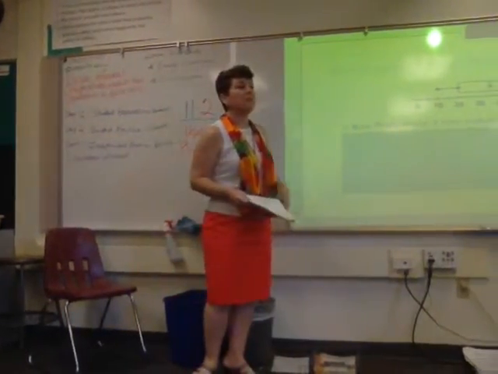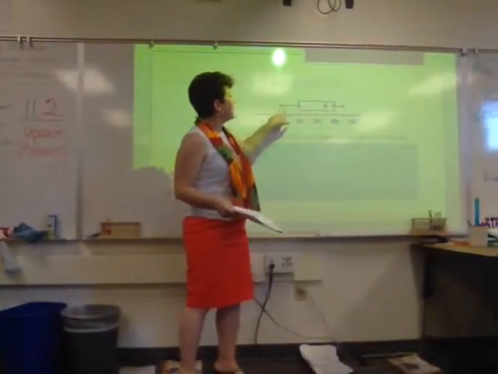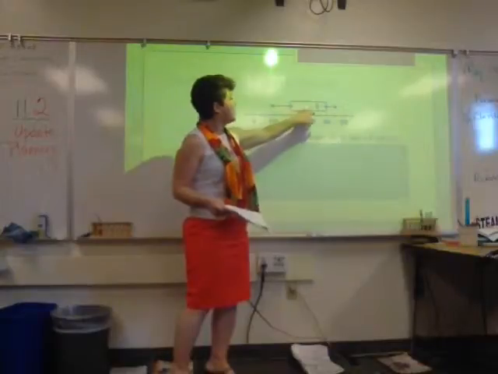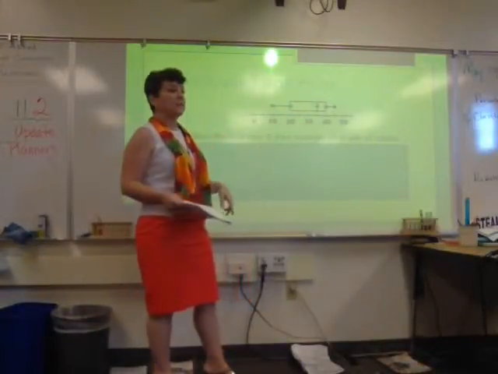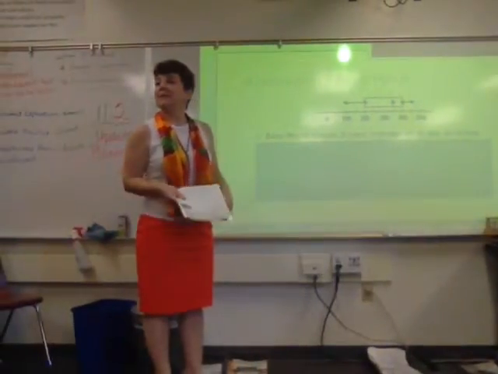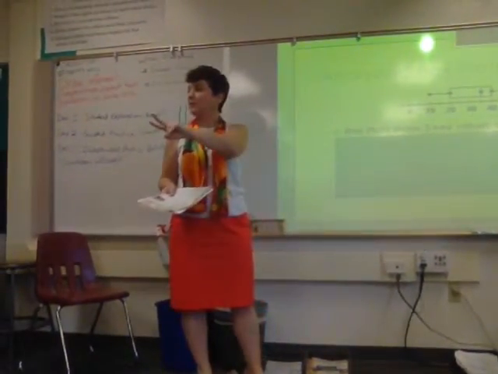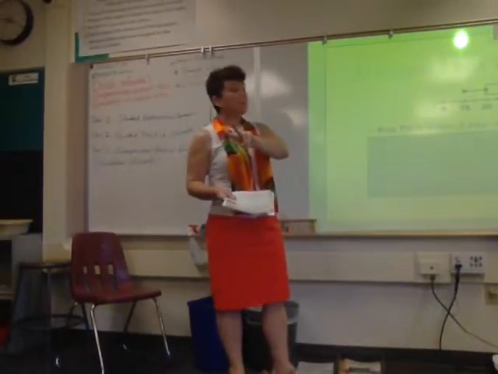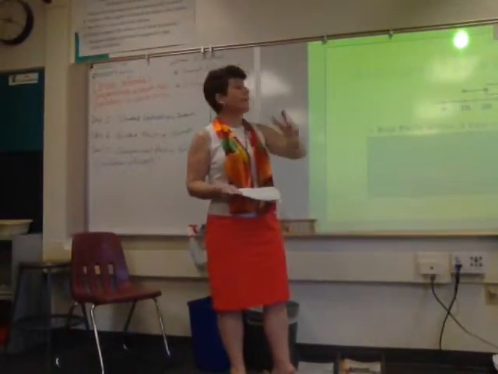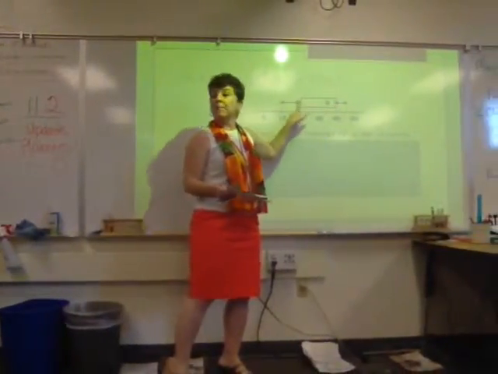Mina? Okay, so if we're looking at this, what does this box plot tell us? What are 5 key points that we can tell from this example? Emily? What's one? The least value. Okay, the least value. But what are the 5 key points that the box plot tells us?